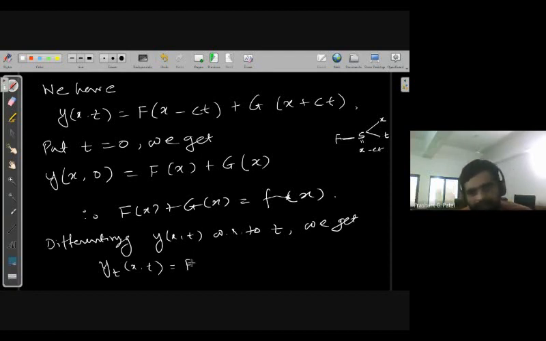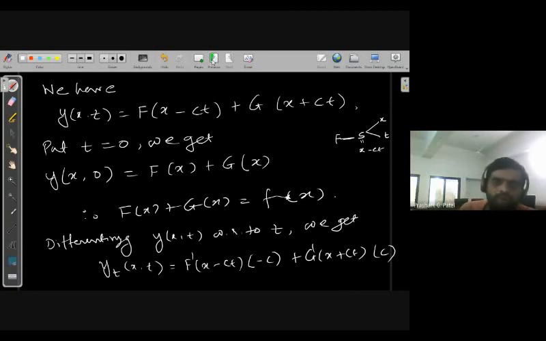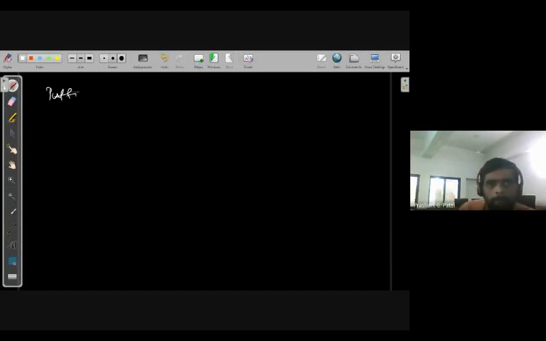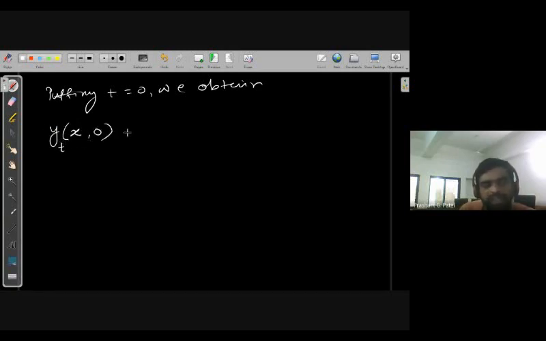That means f'(x minus ct), and the derivative of x minus ct gives me minus c, plus g'(x plus ct), and the derivative of x plus ct gives me c. So by putting t equal to 0 here, we obtain y_t at (x,0).